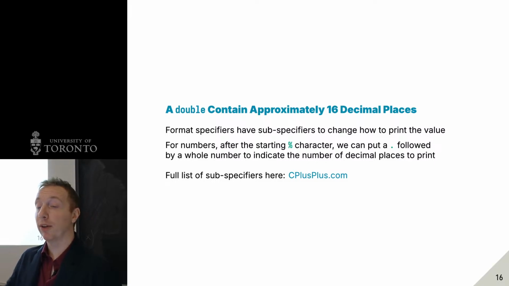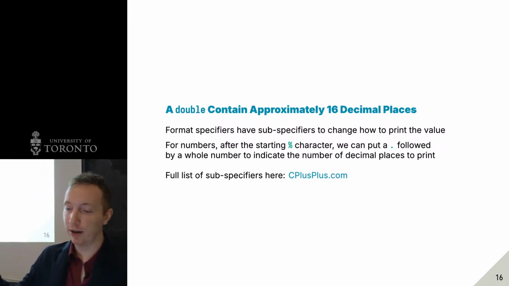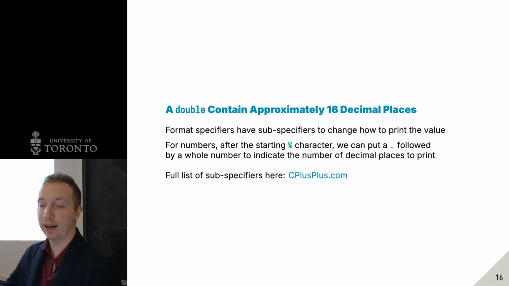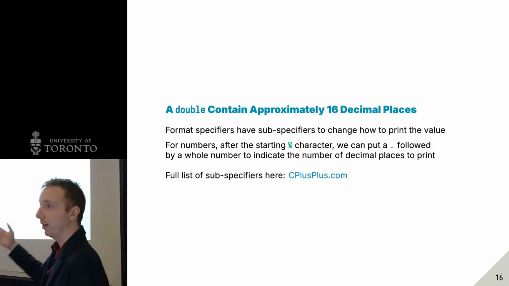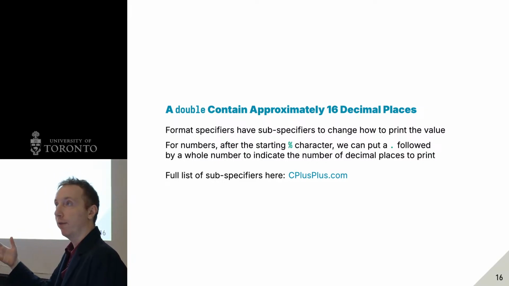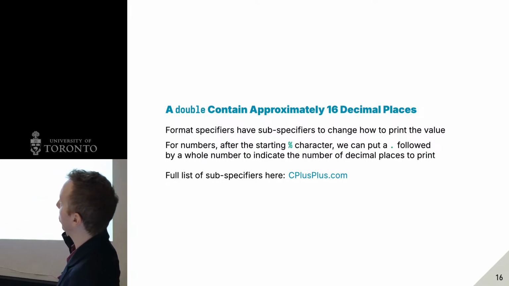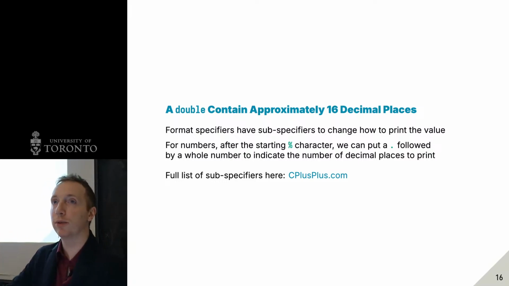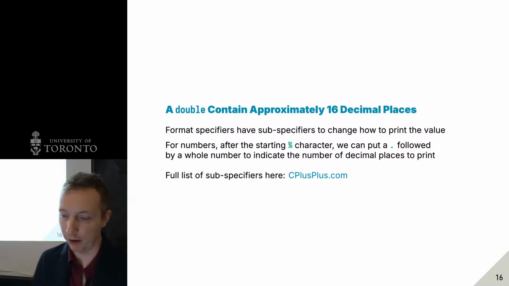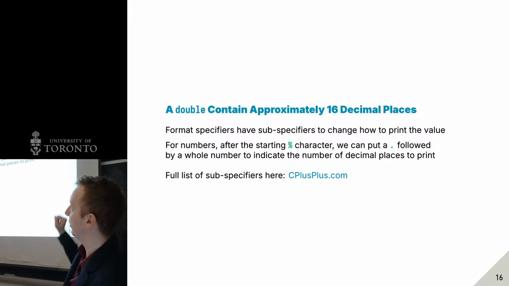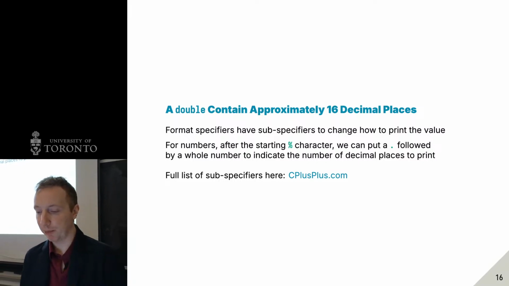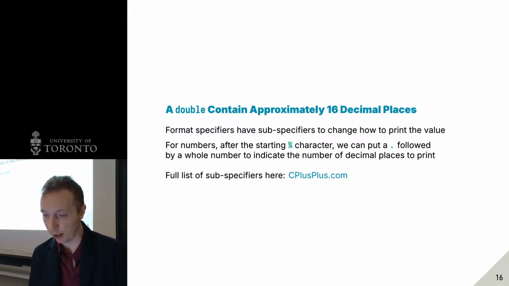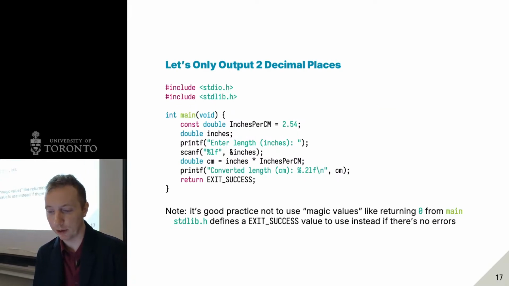So for numbers after that starting percent character, we can put a dot followed by a whole number to indicate the number of decimal places to print. For a float, even though a double actually stores 16 decimal places, by default it will just print out the first 6 of them. So there's a full list of specifiers at cplusplus.com. That's a link in the slides that you can go ahead and follow and see what the other ones are.